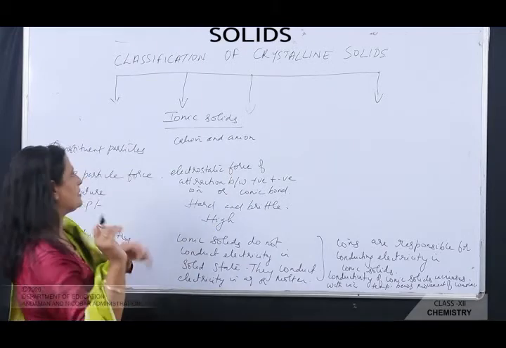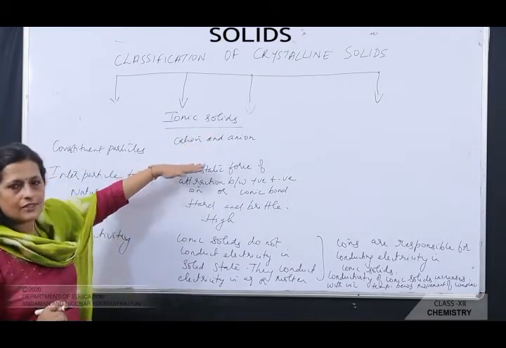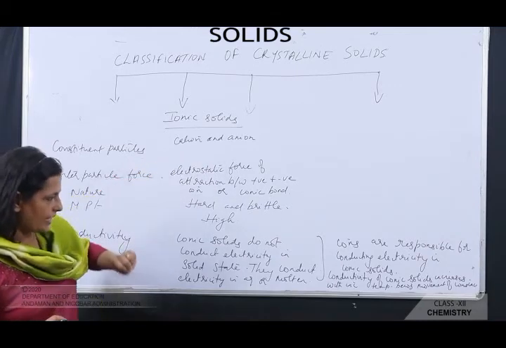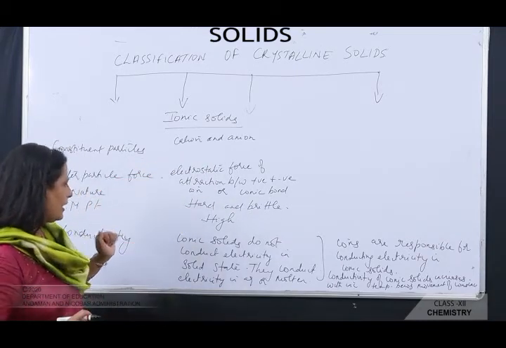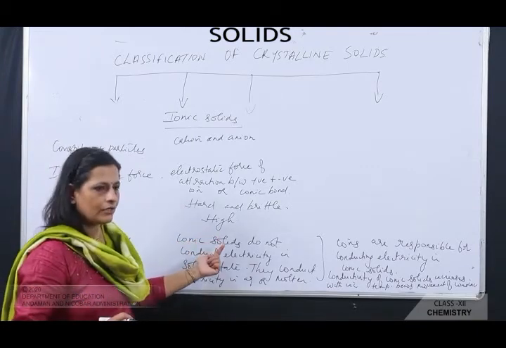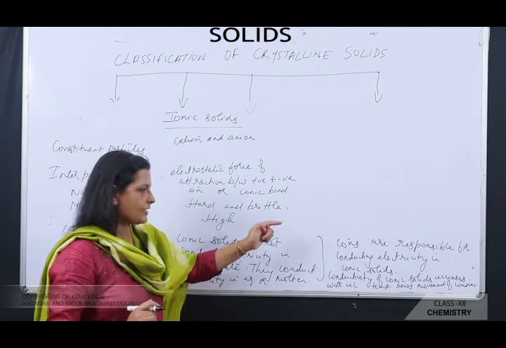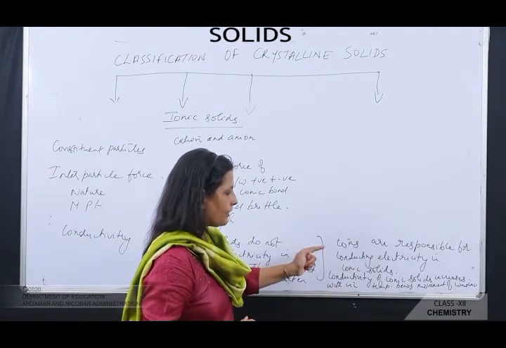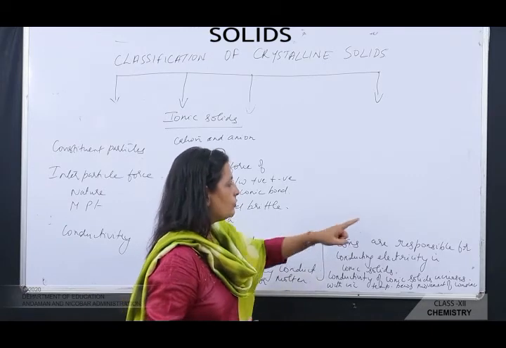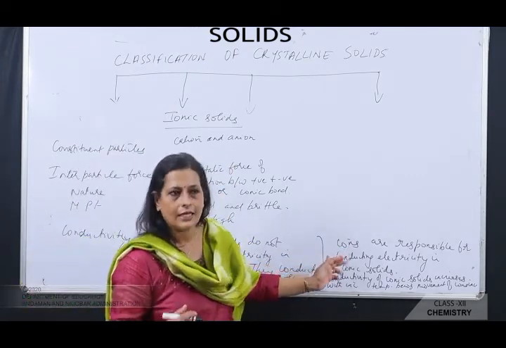So, in case of ionic solids, the constituent particles are cation and anion, and the force of attraction is electrostatic force of attraction, and they are hard and brittle. Their melting point is high. They don't conduct electricity in solid state. In aqueous or molten state, they conduct electricity, and conductivity increases with increase in temperature. Why? Because the movement of ions who are responsible for conductivity also increases.